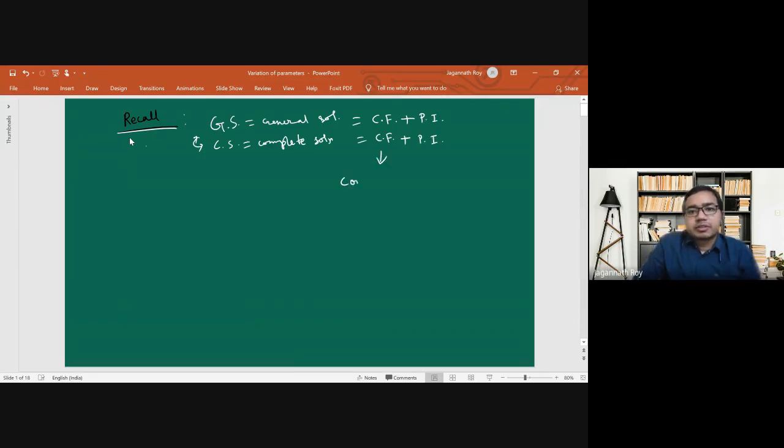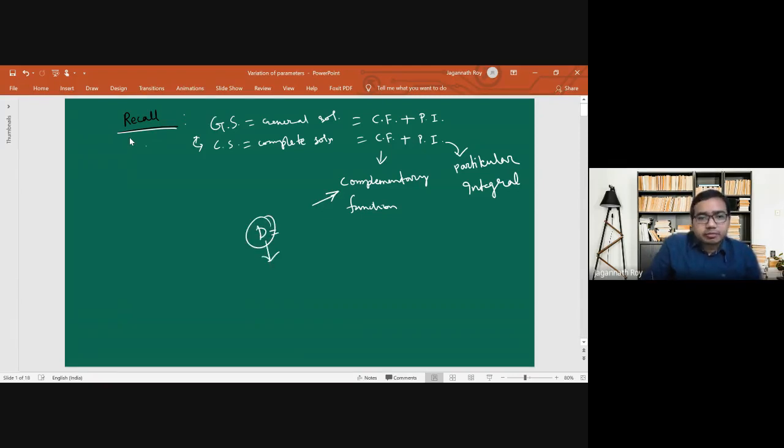This is the complementary function. This one is the particular integral. We have seen that for the complementary function, we use the D operator, and in place of D we put m, then find the values of m1, m2, and so on up to mn. Suppose it is an nth order differential equation.